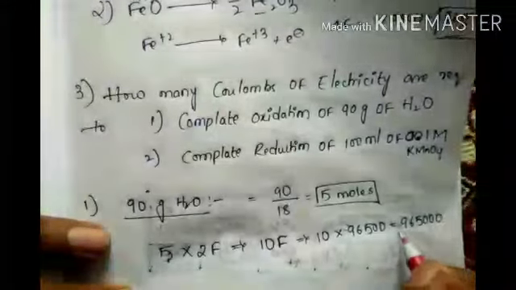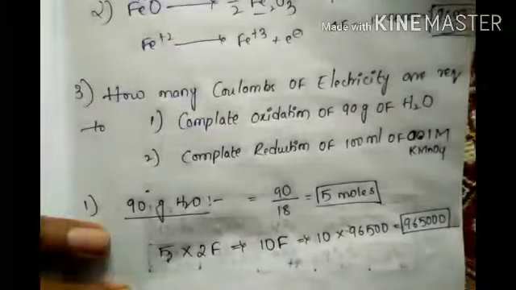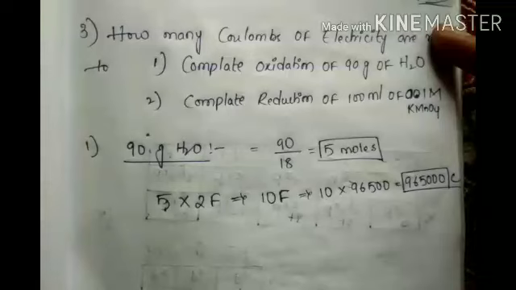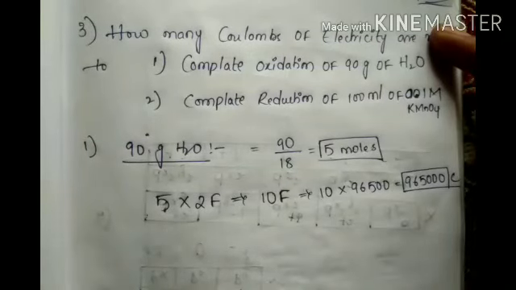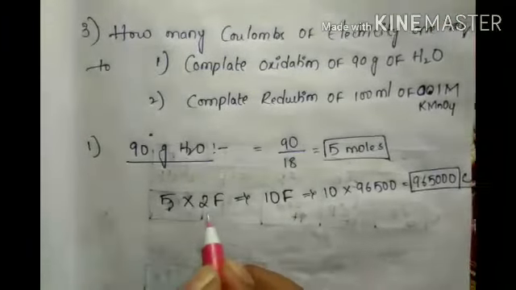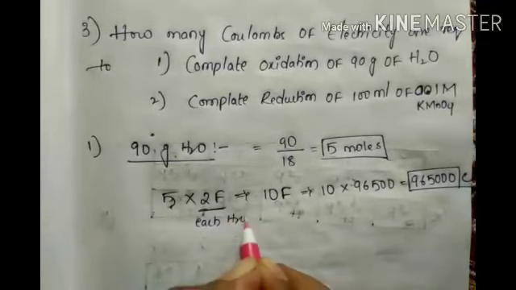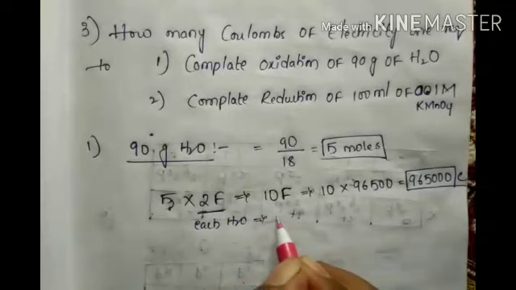This is the answer. This many coulombs are required for 90 grams. Got it? So how does 2 come? Each H2O needs 2F.